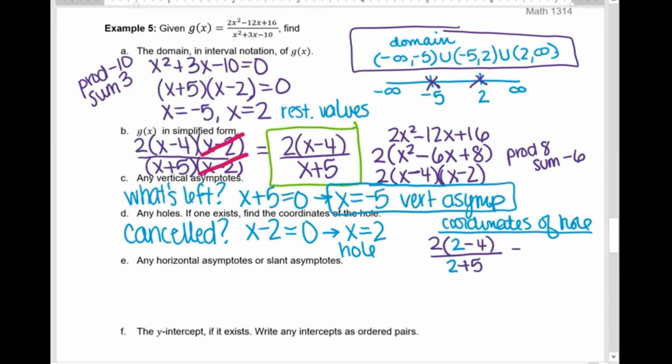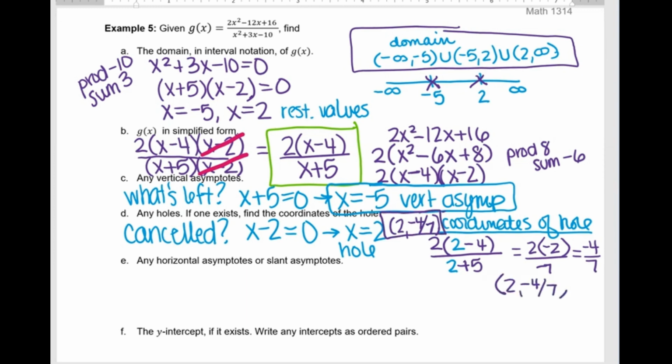Up top, we get 2 times -2, all over 7, negative 4/7, which means the coordinate of the hole is going to be 2, comma, negative 4/7. Rewrite it so it's a little bit easier to see.